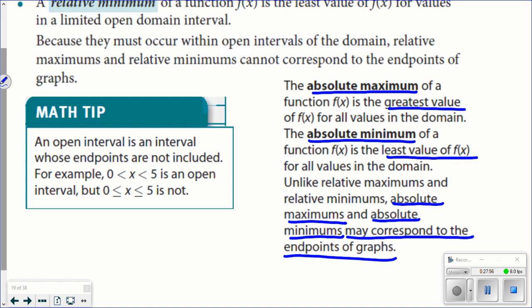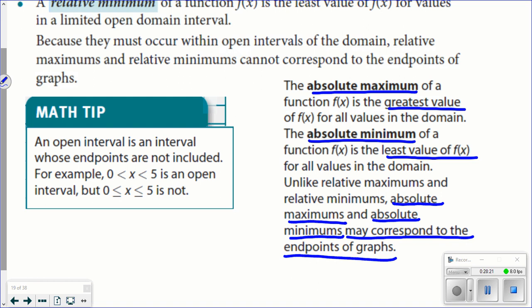So if I said, who's the oldest person in the room? That's the absolute maximum age. Or who's the youngest person in the room? That's the absolute minimum. It doesn't matter if they're male or female. I just want the oldest person and the youngest person no matter where it occurs. The oldest, the youngest, the highest, the lowest.